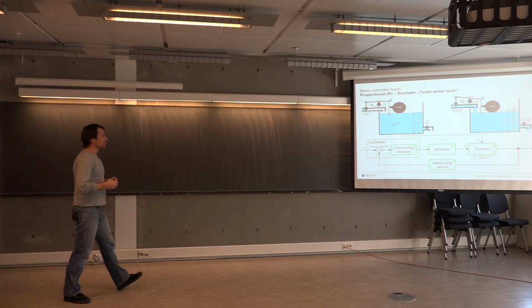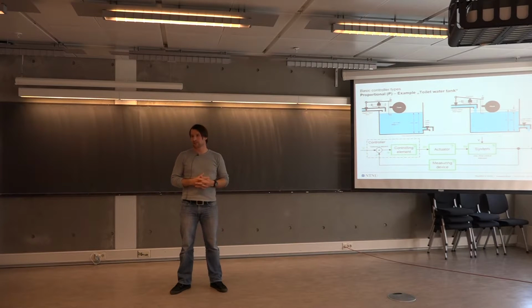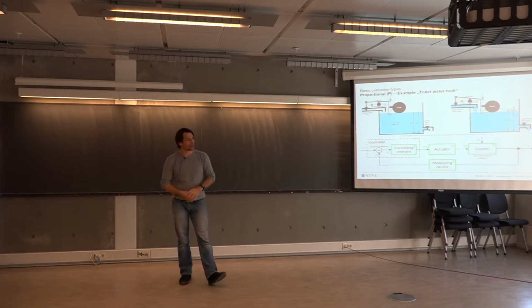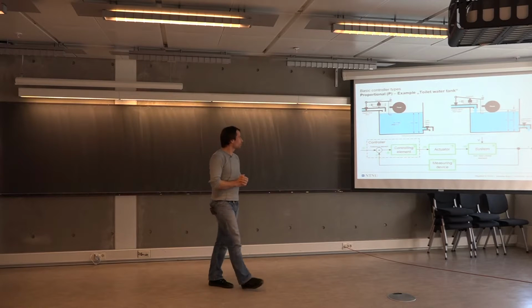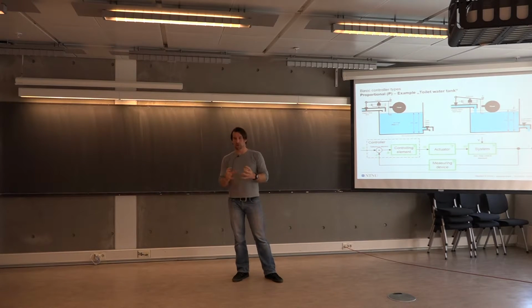This one here shows a toilet water tank. I don't know how many of you have actually taken a look into the old school toilet water tanks. It pretty much looks like this. You have a floating ball, the black one, floating on the water level.